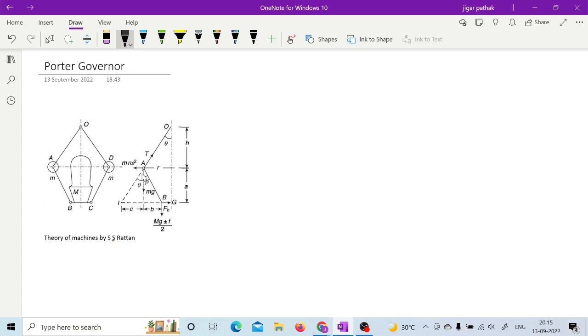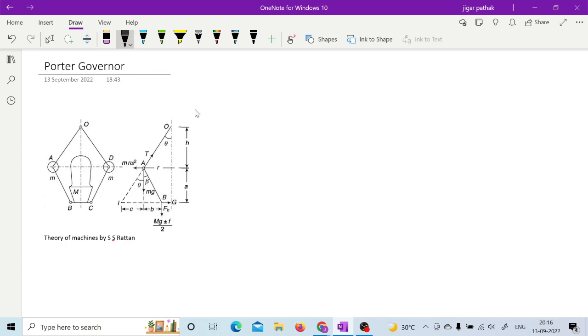Now if you draw the different velocities of different components, and then try to locate the instantaneous center, you can find it at a particular point I as mentioned here. So once you have this geometry as mentioned in the figure, you can equate the moment about that point I of different forces.